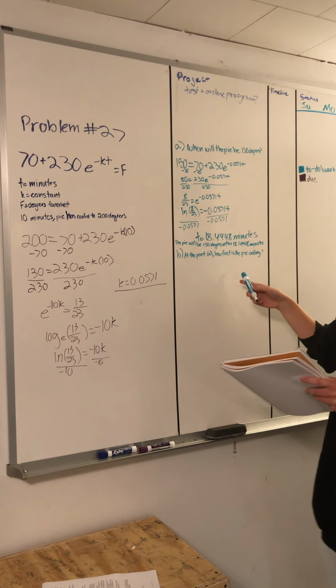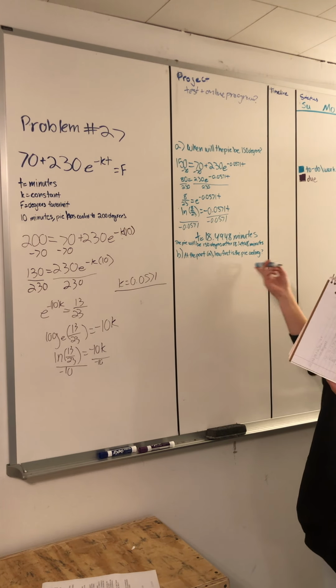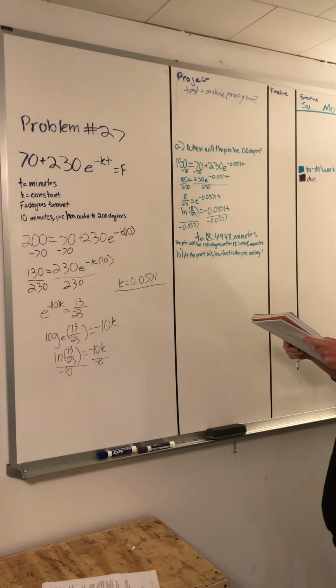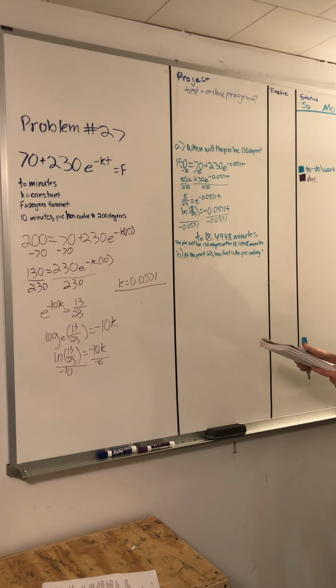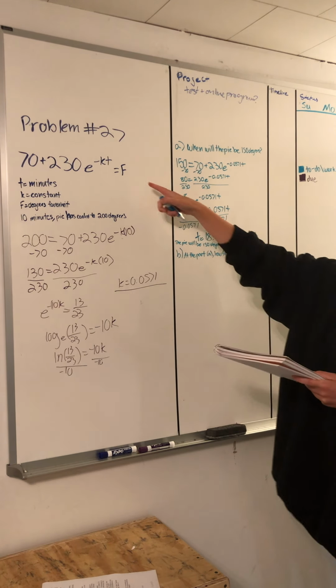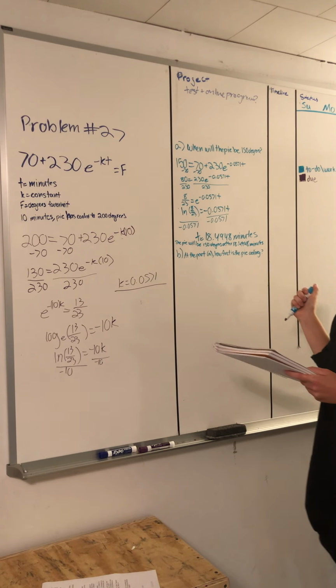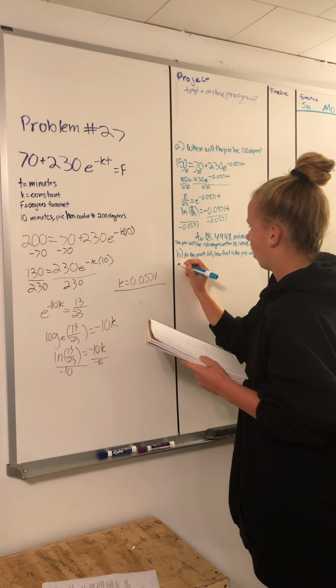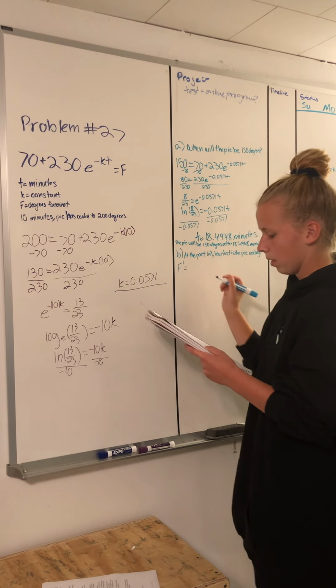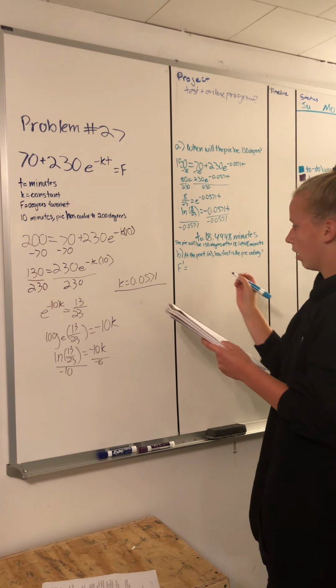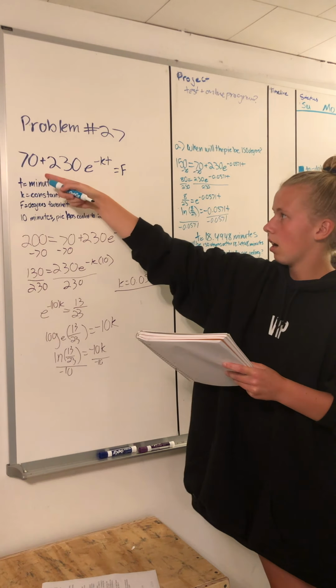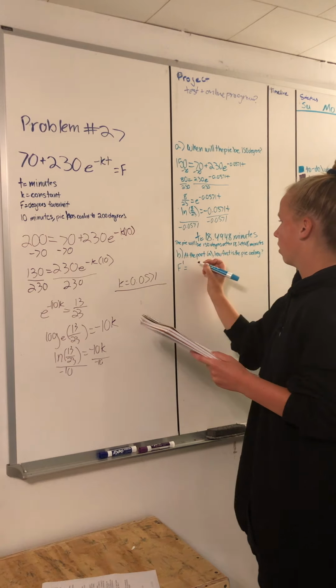And then at the time in part A, how fast is the pie cooling? So now we have to solve for the derivative of the degrees Fahrenheit, so F prime. The derivative of that would be, since 70 is a constant, it's not in the derivative.